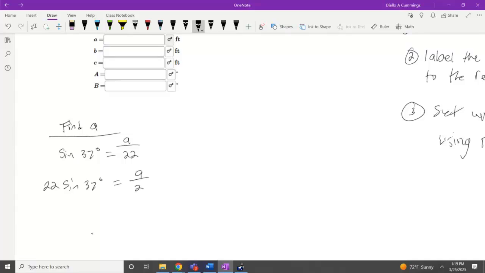On my left-hand side is just 22 times the sine of 37. But on the right-hand side, the 22's cancel, and I'm left with A. So 22 times the sine of 37 degrees should equal side A.